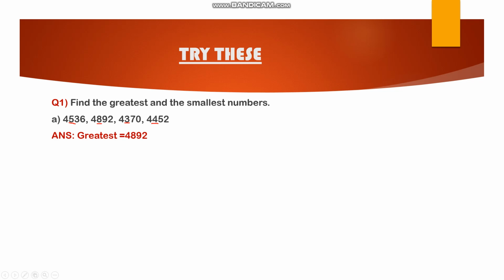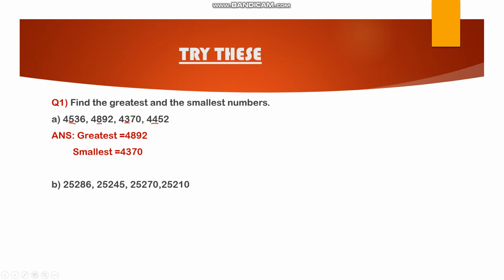Got it, children? Now, which is the smallest one? 5, 8, 3 and 4. Which is smaller? 3 is smaller. So, the smallest number is 4,370.